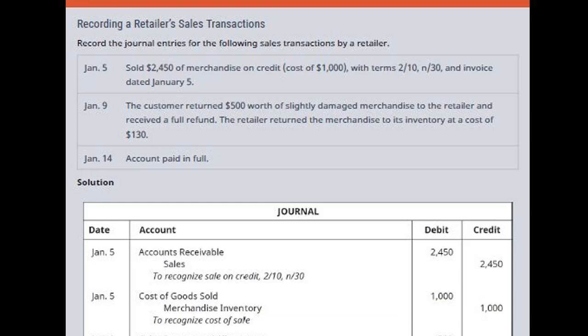Well, if an asset called inventory declines, value declines. That would be an expense. And we call that decline cost of goods sold expense. That's what happens on January 5th. And it's still very important. It's always important to keep in mind.